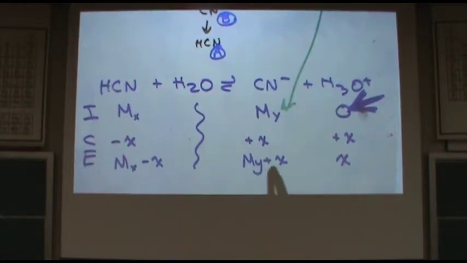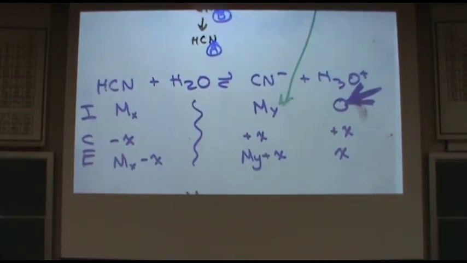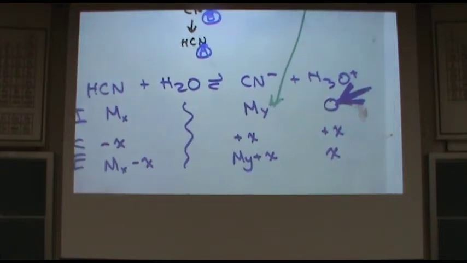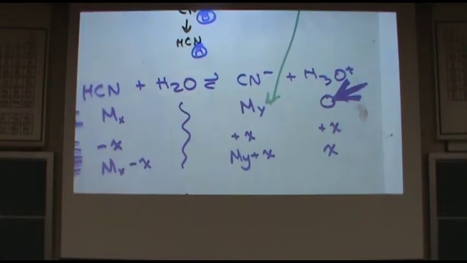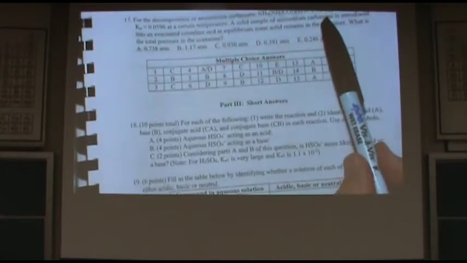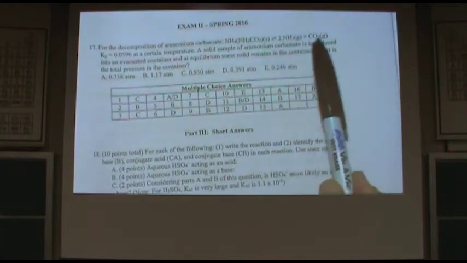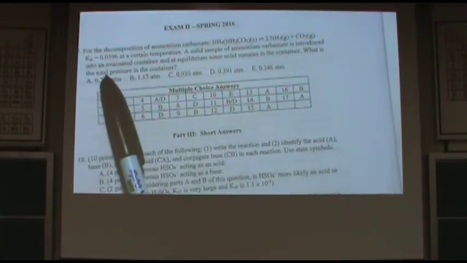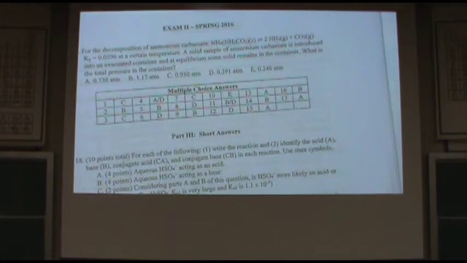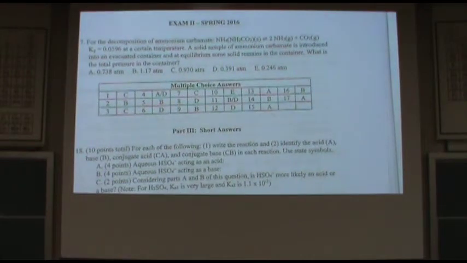So the total pressure would be the sum of all the pressures of the gases. In the case of that problem, the gases are all in the products. So you're going to sum the E line under that one and the E line under that one. Those two numbers will be your answer for total pressure. So it's one additional step. That's fairly common for a Kp problem.